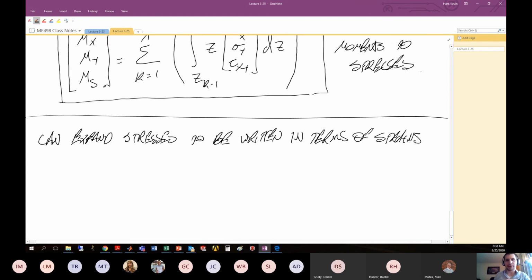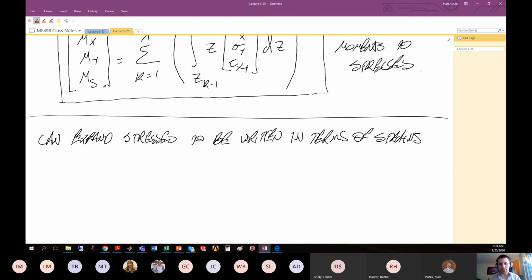Remember at the beginning of this lecture, I talked about we wanted to relate the forces and moments that were applied to the laminate, not only to the stresses, which we have just done here, but also to the strains which developed. The reason that we want to do that is because we can write the stresses in terms of the material properties that we know, the stiffness matrices, for instance, and the applied strains.